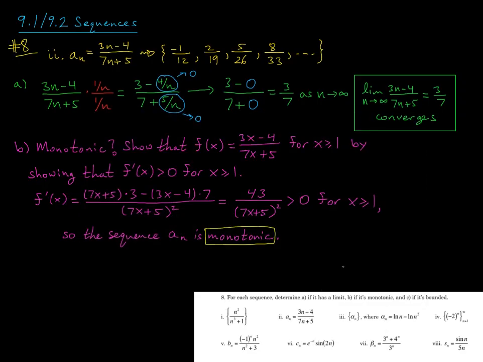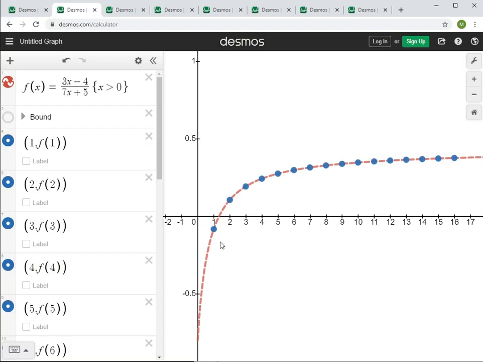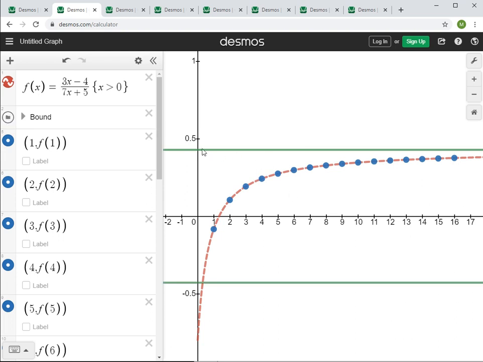Is it a bounded sequence? And the answer there is yes. So we're leveling out. We're actually approaching what? Well, a limiting value of 3/7. And so here, if I draw this horizontal line at 3/7, and then here, this is minus 3/7, notice all the terms are trapped within this band, right?